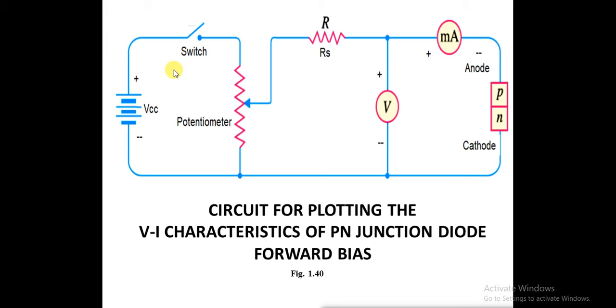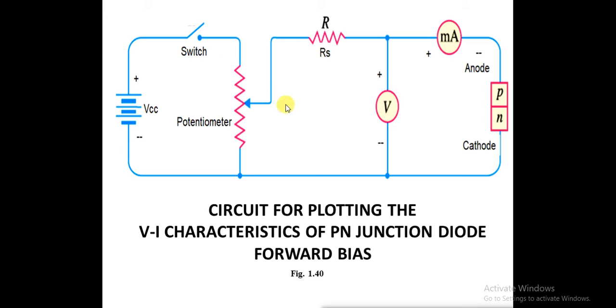As we have discussed earlier, forward bias means the p-type material is connected to the positive terminal of the battery and the n-type material is connected to the negative terminal of the battery. The circuit will operate when the switch is closed.